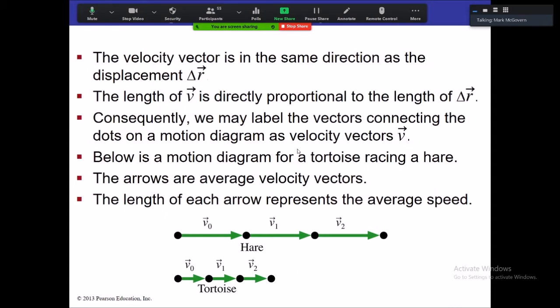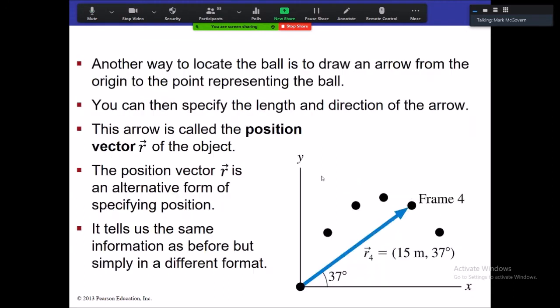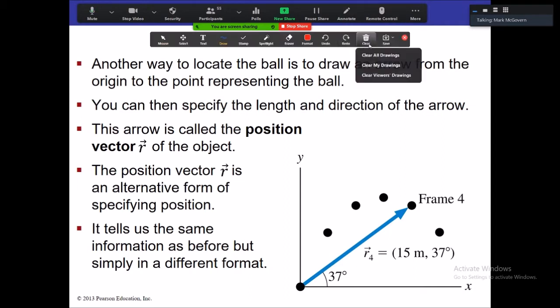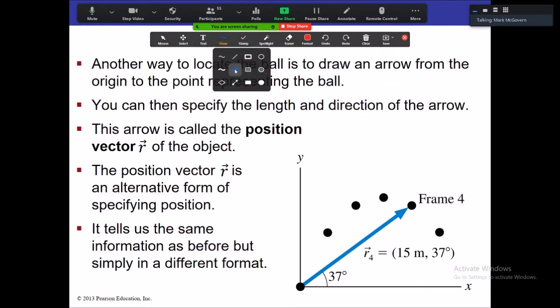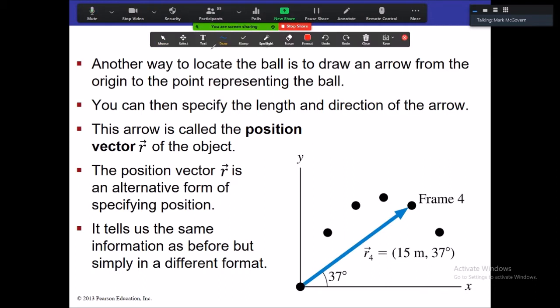Now, let's go back here. Let me go back to these pictures. Okay, look. It's very easy to draw displacement vectors. Very easy, right? It's like connecting the dots. And the fact that we can take a concept and turn it into a kindergarten exercise is so cool.